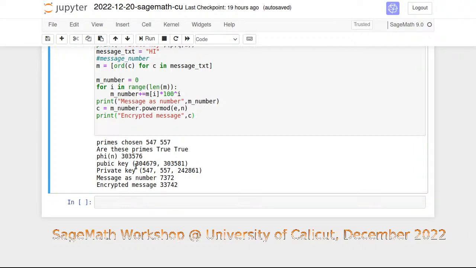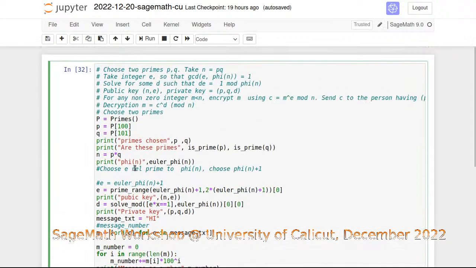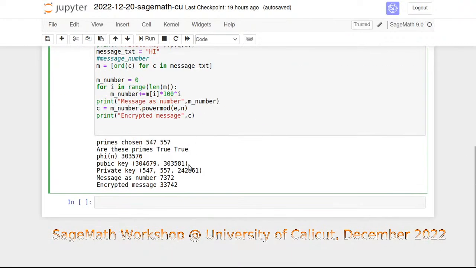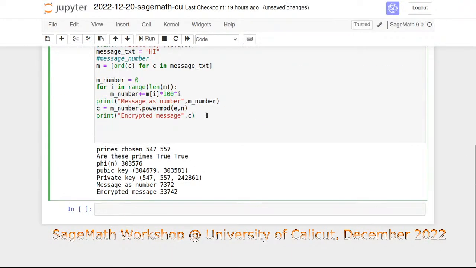Now, how do we decrypt? That's the next question. For decryption, what we are supposed to do? We are supposed to take m equal to c to the power d mod n. So decrypted equals c to the power d mod n. Which one we are supposed to take? C, power mod.